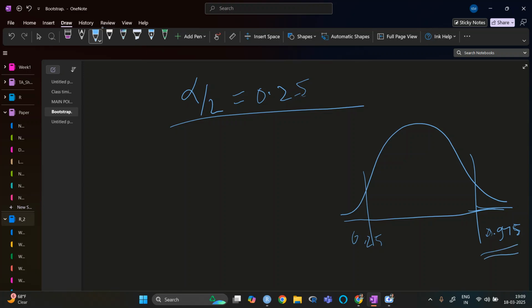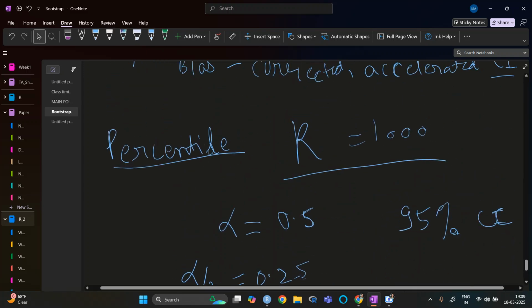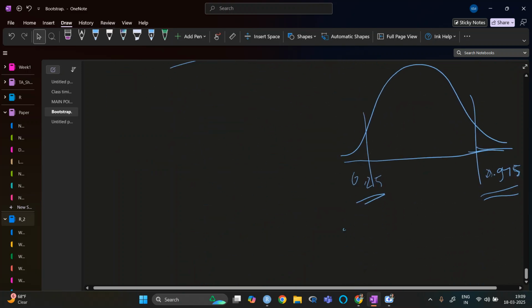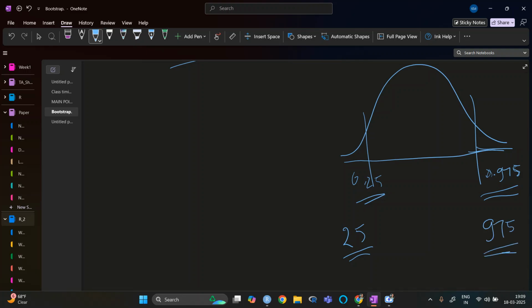Our number of bootstrap samples is 1000, so based on percentile we take the 25th here and the 975th here. So this is just percentile.